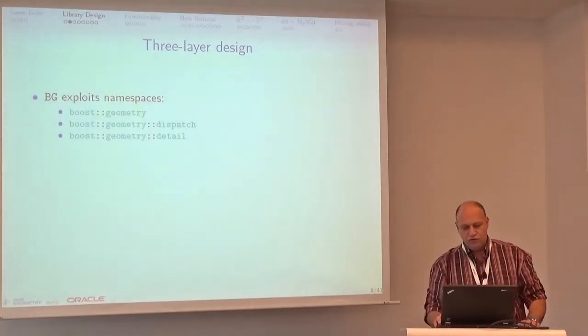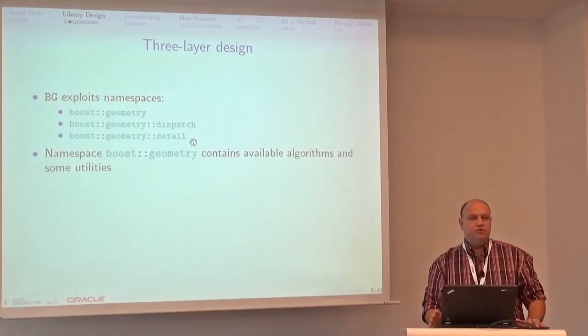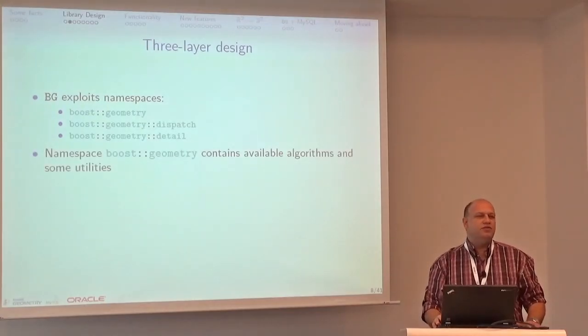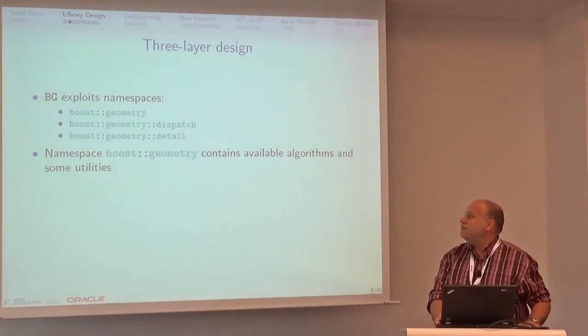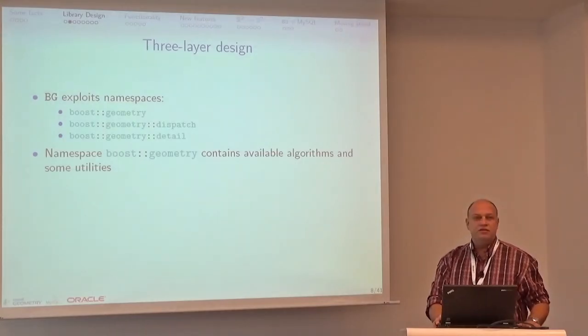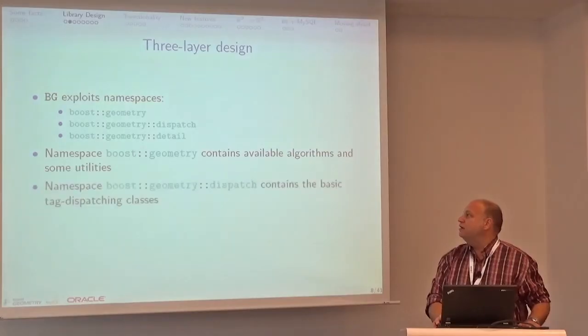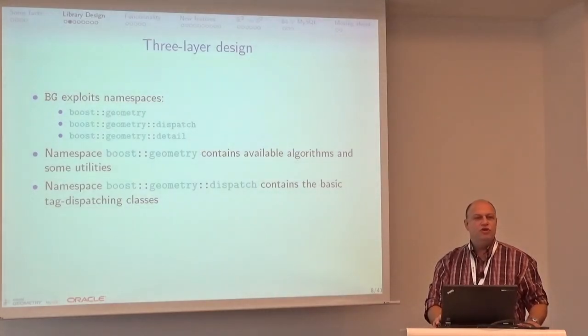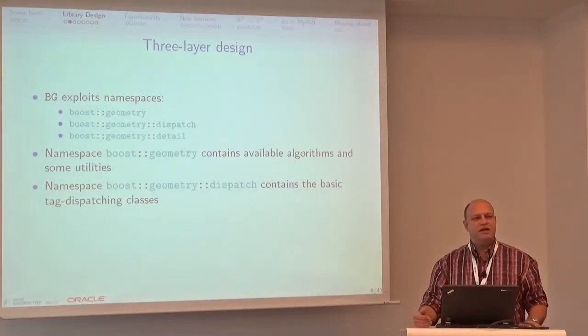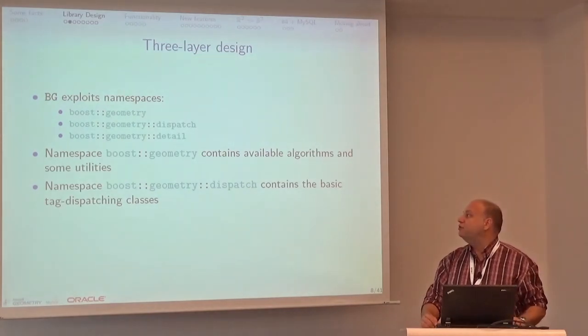And how do we use those? Well, Boost.Geometry contains everything that is available to the user. This is the front end. This is what you're supposed to use. This is where every functionality that is documented lies. And then we have the dispatch namespace, which is used to implement the tag dispatching step of our algorithm implementation process.